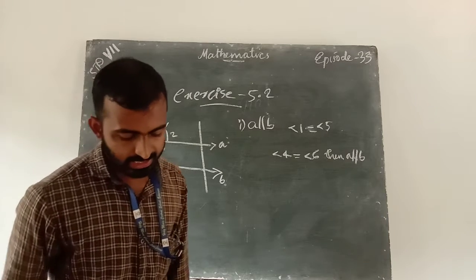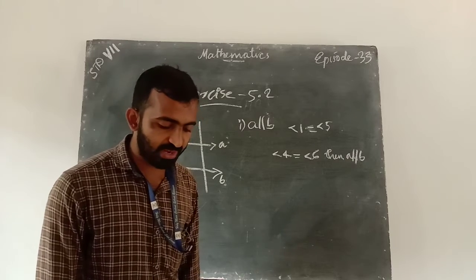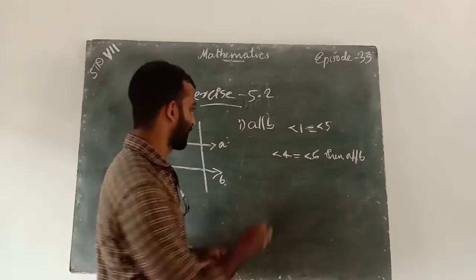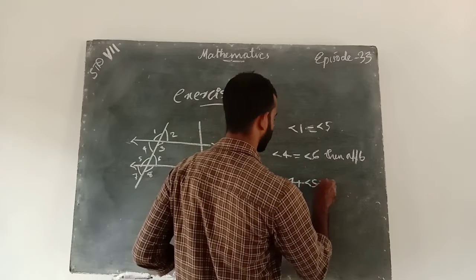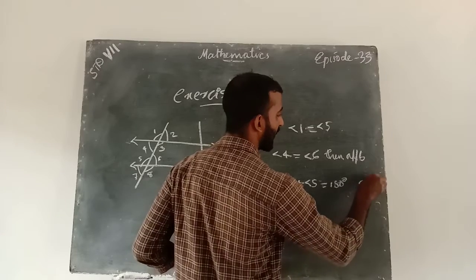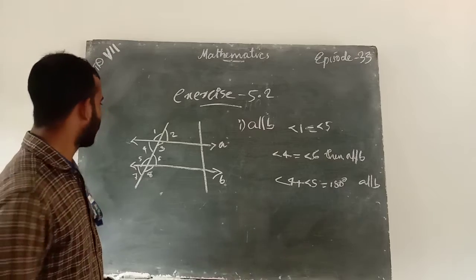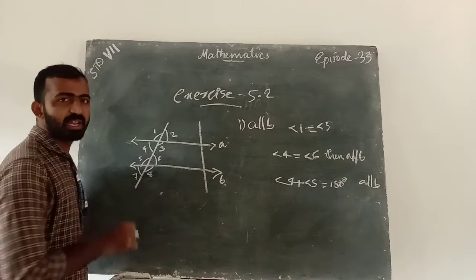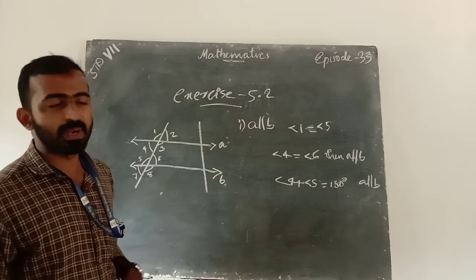Third question is: if angle 4 plus angle 5 equal to 180 degrees, then A parallel to B. Here 4 and 5 are interior angles, and the angles are supplementary.